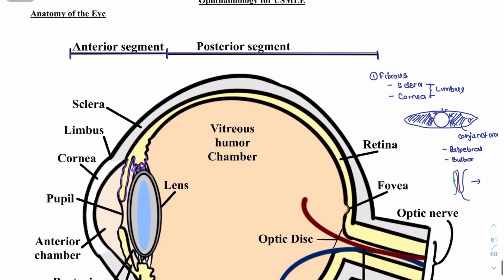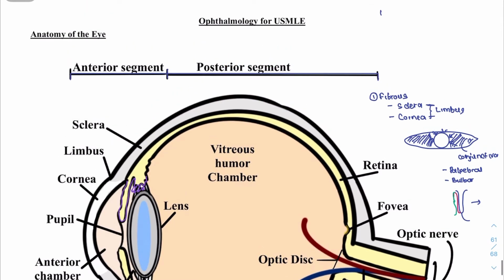Next, let's talk about the vascular layer, the uvea. The uveal layer is made up of three regions: the iris, which forms the pupil, the aperture of the eye. Then we have the ciliary body.